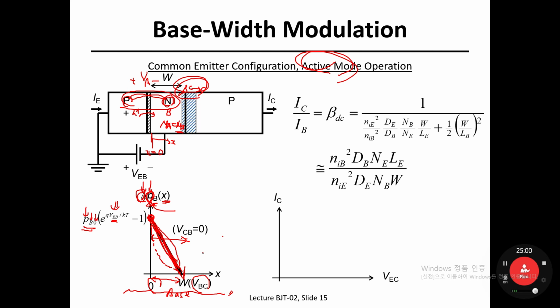Go back to this cross-sectional view of this PNP BJT. Suppose that you're the device engineer. Your job responsibility is to develop a new BJT which is very robust and immune to base width modulation. How to design your own BJT?